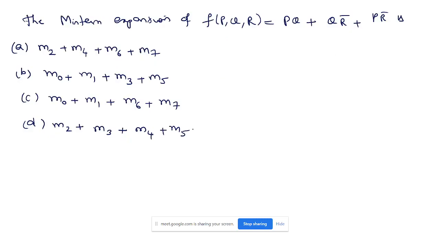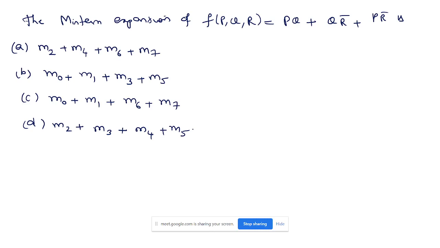The min-term expansion of f of PQR is equal to PQ plus QR bar plus PR bar. It's a simple problem because I wanted to present that there are different models in which one may get questions in gates. That's why I thought of presenting it.